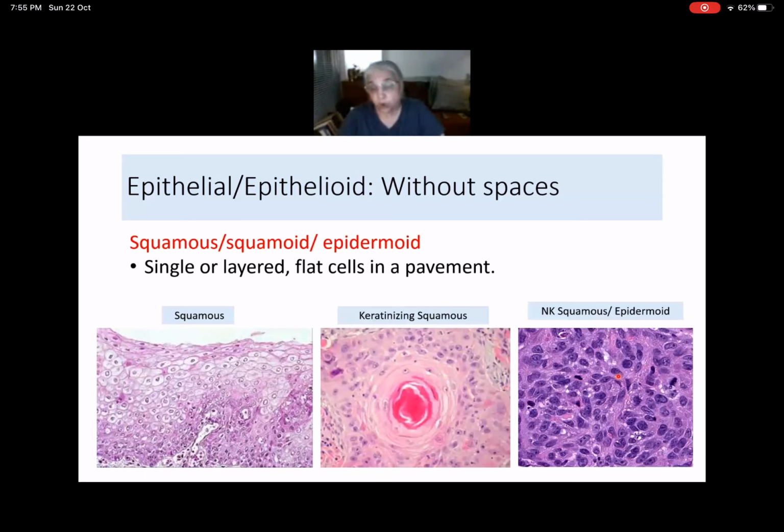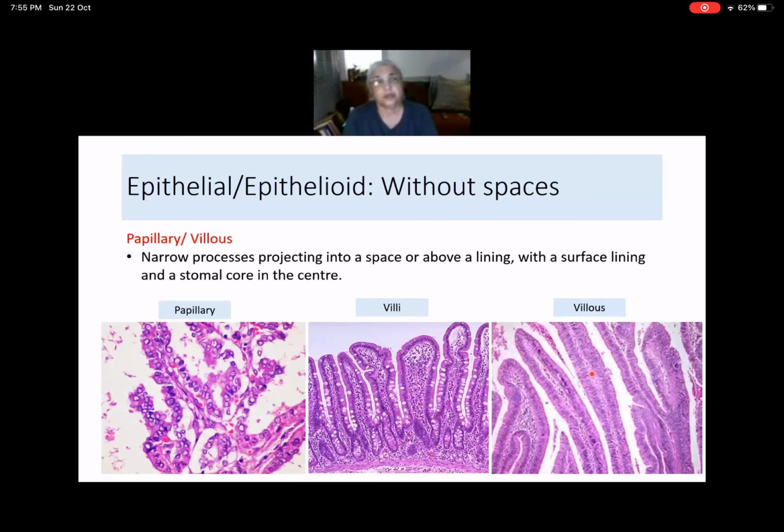You can actually see all those tiny little desmosomes between the cells, but here it is not producing any keratin, and therefore it is often called epidermoid, because it doesn't look like skin, because skin always shows you keratinization. So that's the meaning of epidermoid. No keratin being produced at all. If there is keratin, then you use the word squamous.